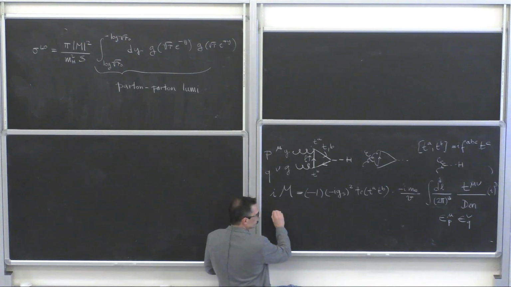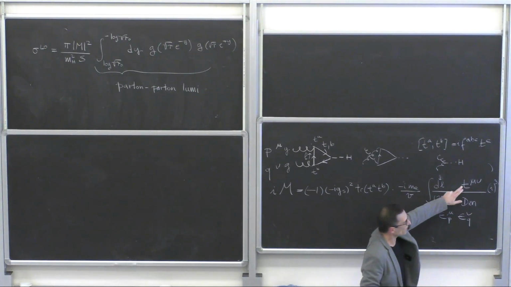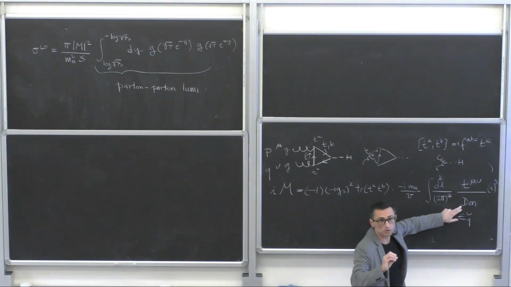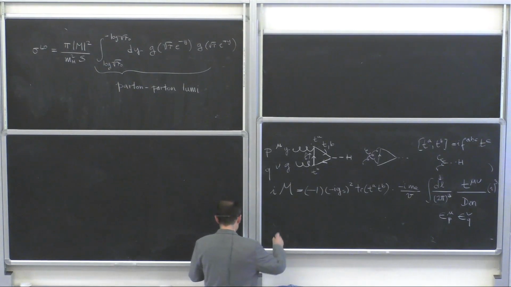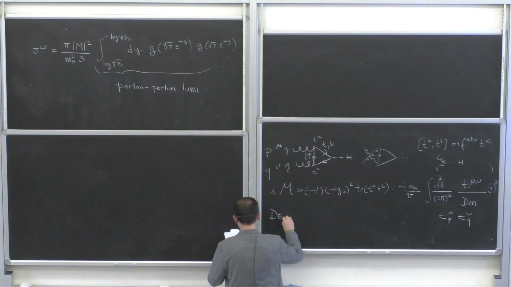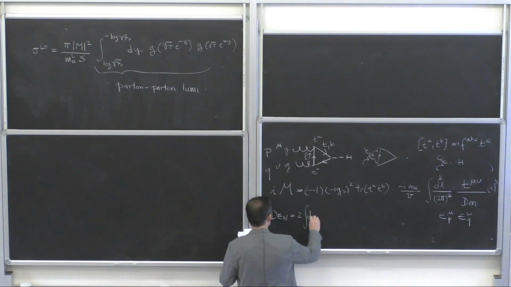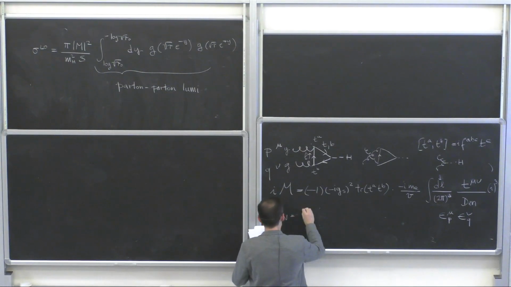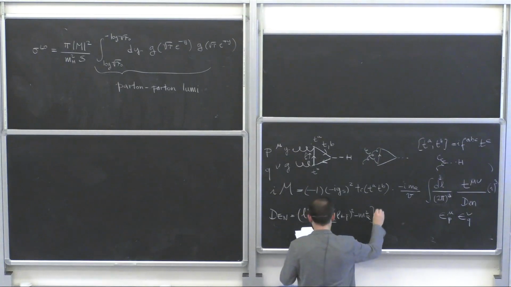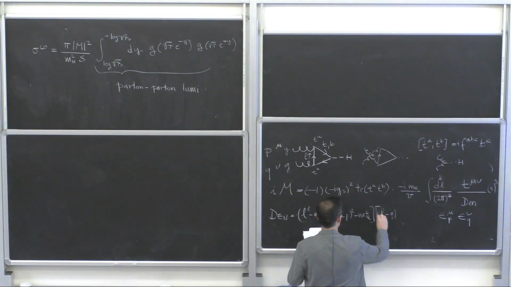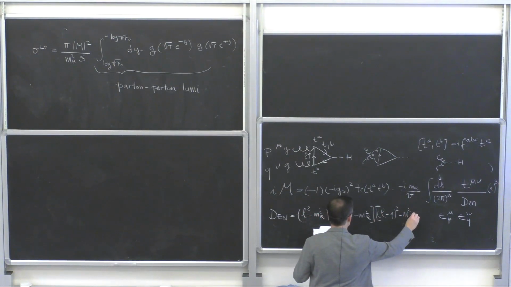Okay, so we have a numerator and the denominator. What is in the denominator? The propagators of the loop. So let me write them. There are 3, and the 3 are L squared minus MQ squared, (L plus P) squared minus MQ squared, and (L minus Q) squared minus MQ squared.